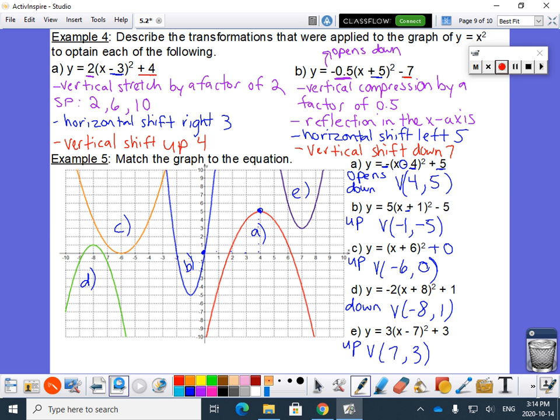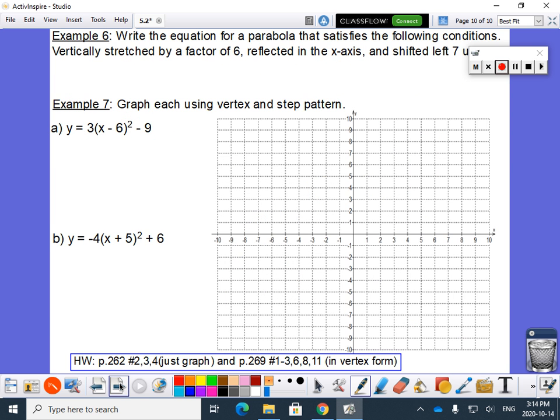Okay, in our last slide here, write the equation for a parabola that satisfies the following conditions. So we're used to being given the equation and then writing down, okay, this is a vertical shift up or a horizontal shift right. Now they are going to give us the scenario and we are going to come up with the equation for it. So it says vertically stretched by a factor of 6.